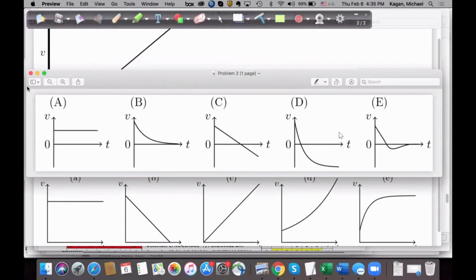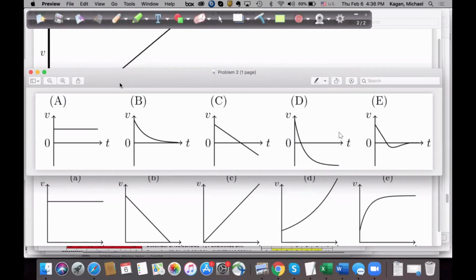Okay, so this is the situation. Which of these graphs best represents velocity versus time of an object moving through the air? The object originally moves straight up. Do not ignore air friction.